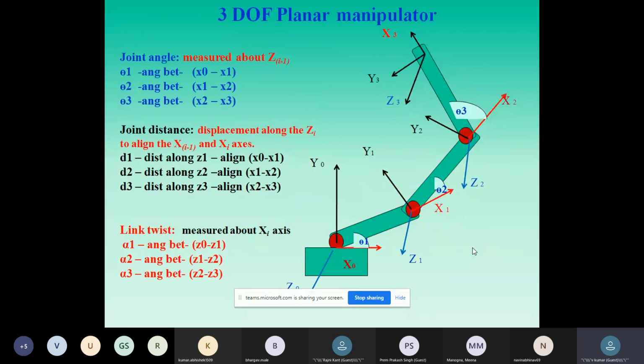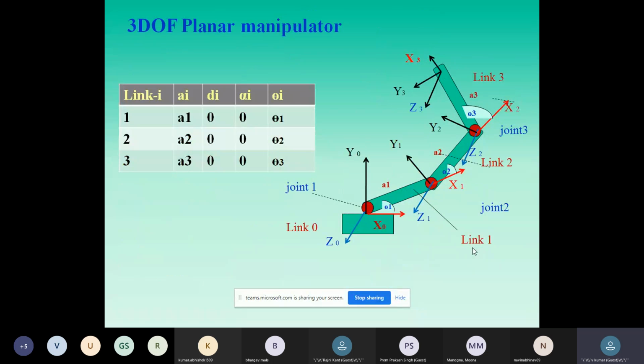Now we know all four parameters: ai, θi, di, αi. Then form the table. In the table, write the headings: link i, ai, di, αi and θi. Then how many links are there? Link 1, 2, 3. For link 1, ai is A1, for link 2, ai is A2, for link 3, ai is A3.